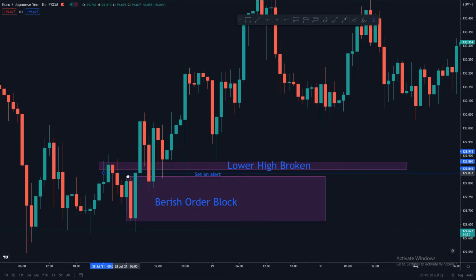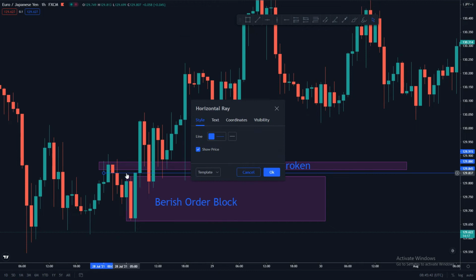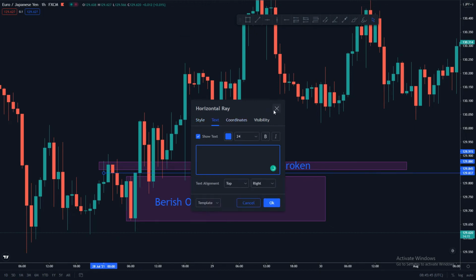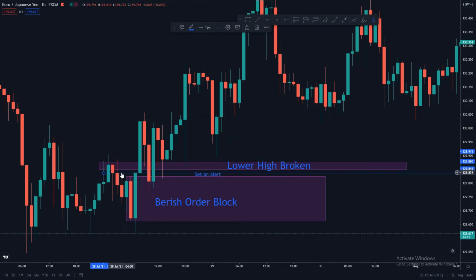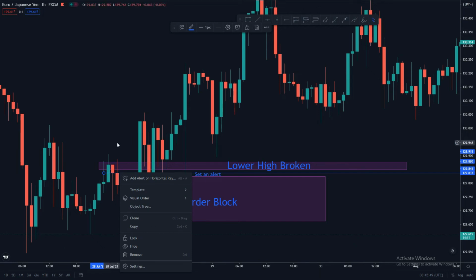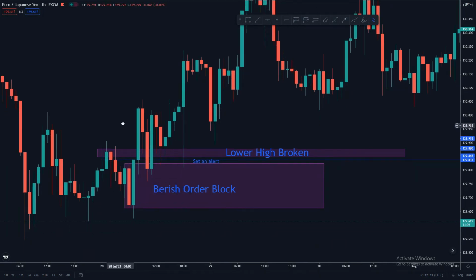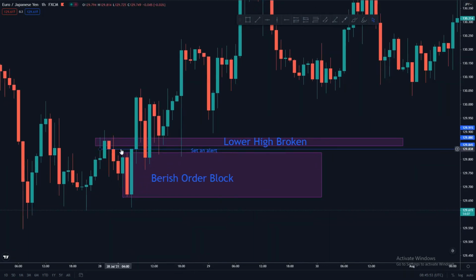Then you can put an alert, right? Putting an alert is very easy. It depends which platform you're using. On MetaTrader it's very easy, and here too it is very easy.